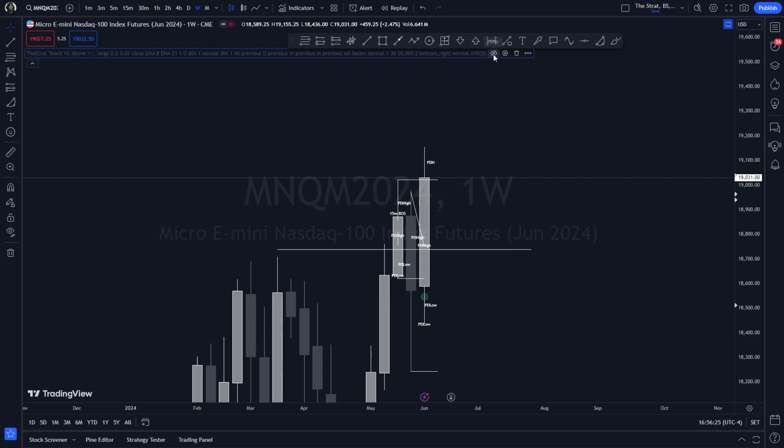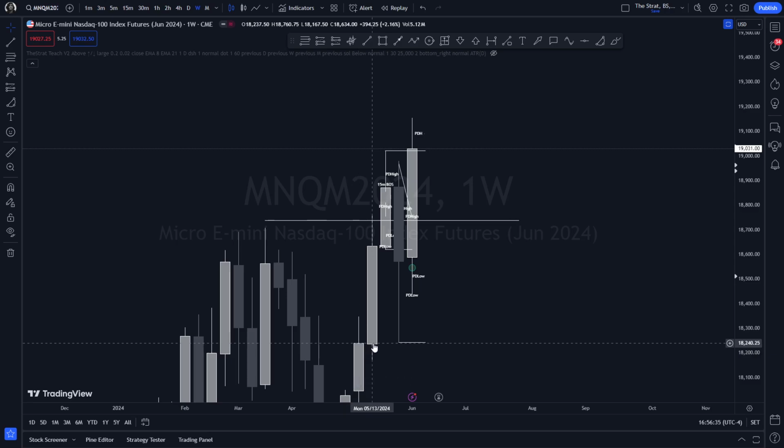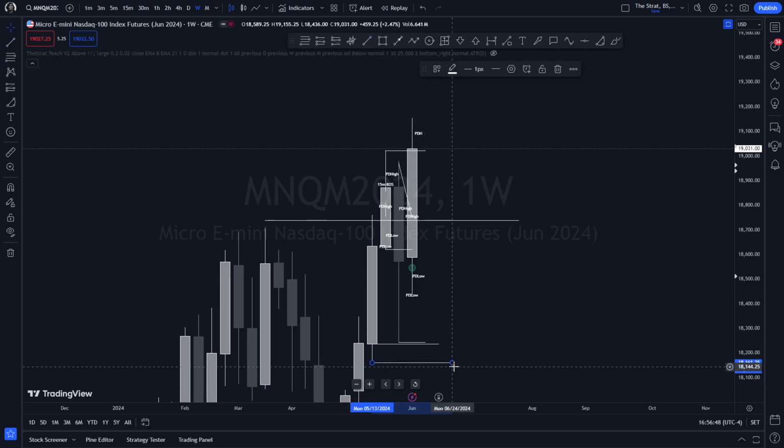But anyways, concept-wise, that means an indication of a reversal, and you would trade that to the previous low. You could start targeting areas like this, or this bottom wick here, right? Because it's a 2-2.